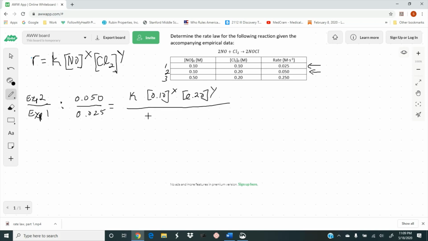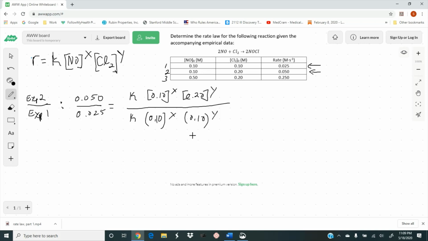That's going to equal the K, which for experiment 1 is the same. They're always the same. The concentration of NO for experiment 1 is 0.10 to the X. The concentration of Cl2 for experiment 1, 0.1, to the Y. So these are the numbers I had in experiment 1: 0.025, 0.1, and 0.1.